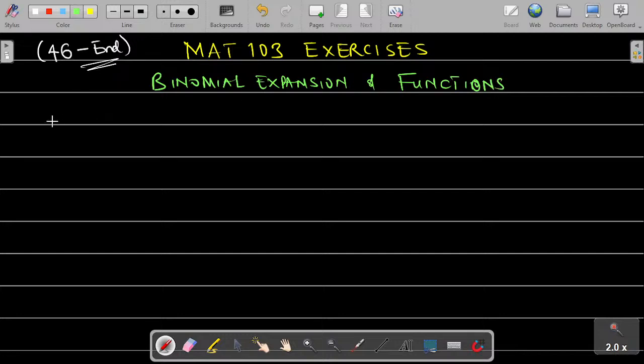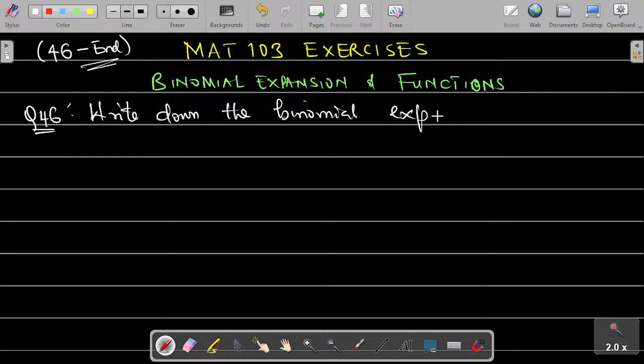All right, so let's start with the first one. That's question 46, and it says we should write down the binomial expansion of 1 plus 1 over 4x raised to the power of 5, simplifying all its coefficients.